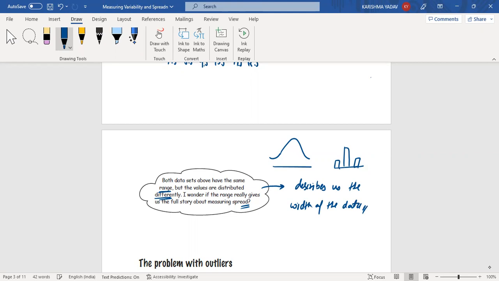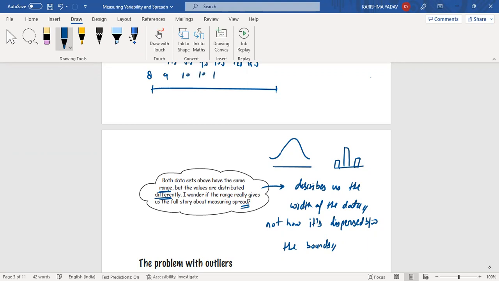It only describes the width of the data, not how it is dispersed between the bounds. There is a difference in saying these things. This is my range for the data sets: 8, 9, 10, 10, 11, 12 and 12.